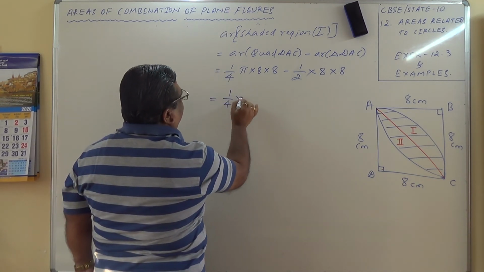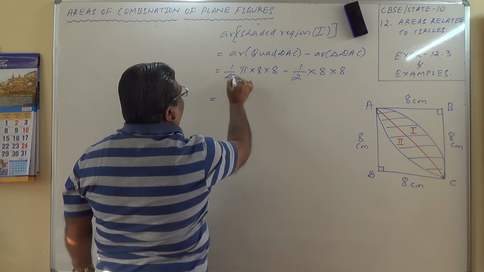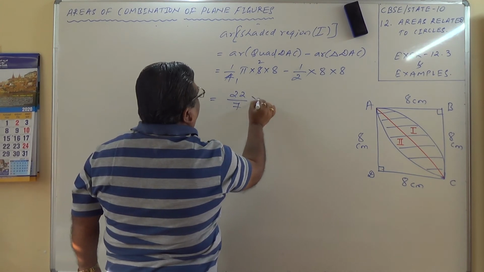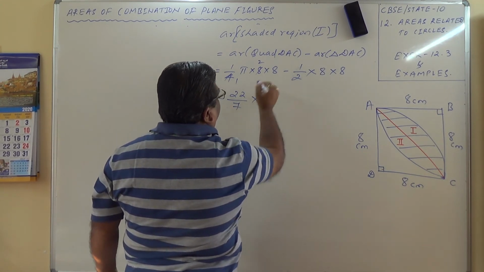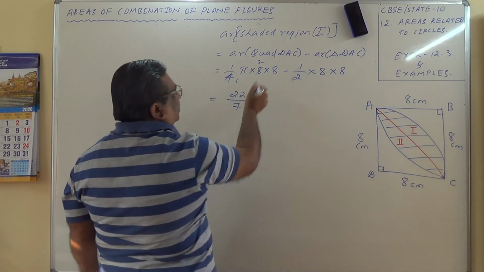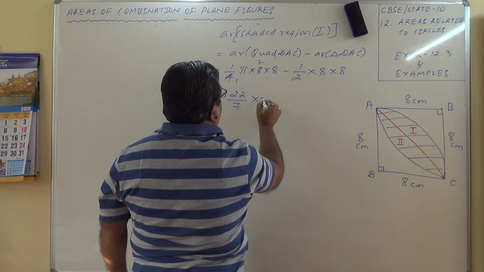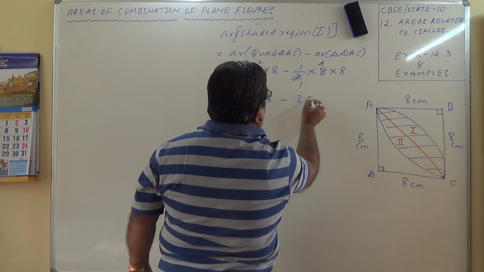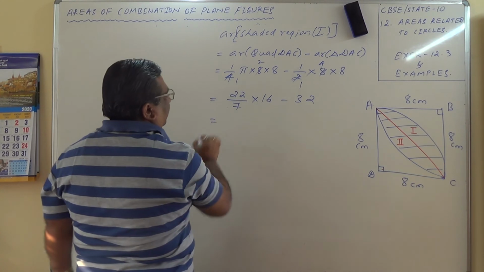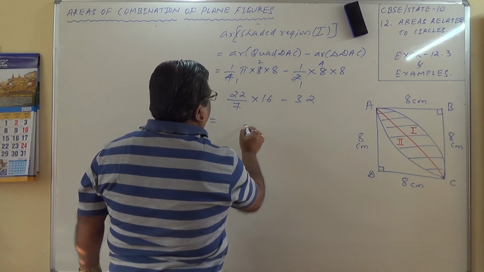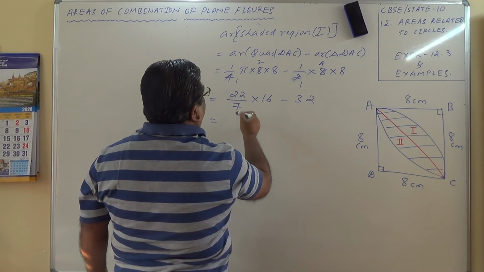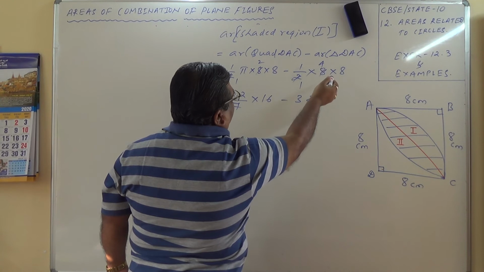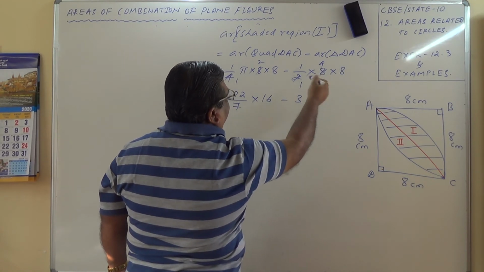So 1/4. Here let me simplify. 4 ones are 4, 4 twos are 8. So 22 by 7 into 8 twos are 16, minus 2 ones are 2, 2 fours are 8, 8 fours are 32, which is equal to, correct, no? 22 by 7 into 16 minus 32.